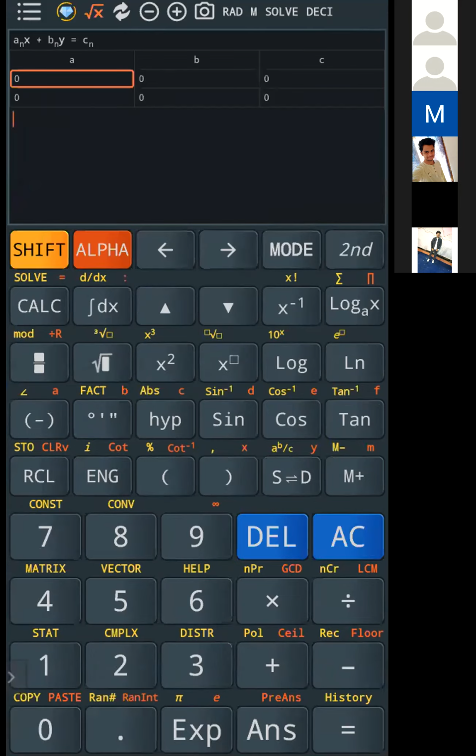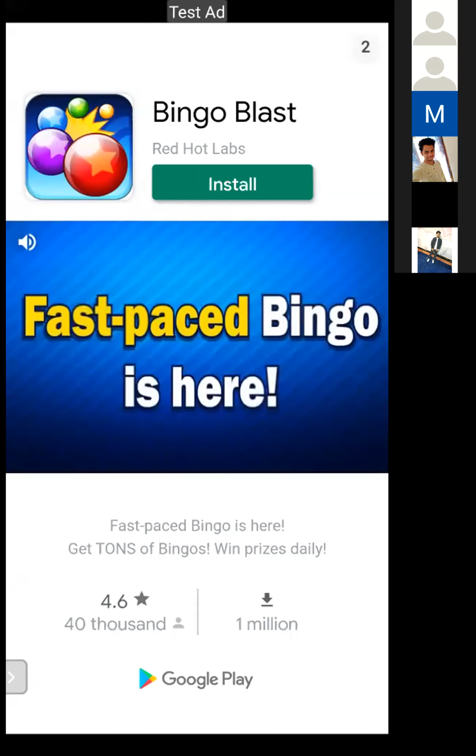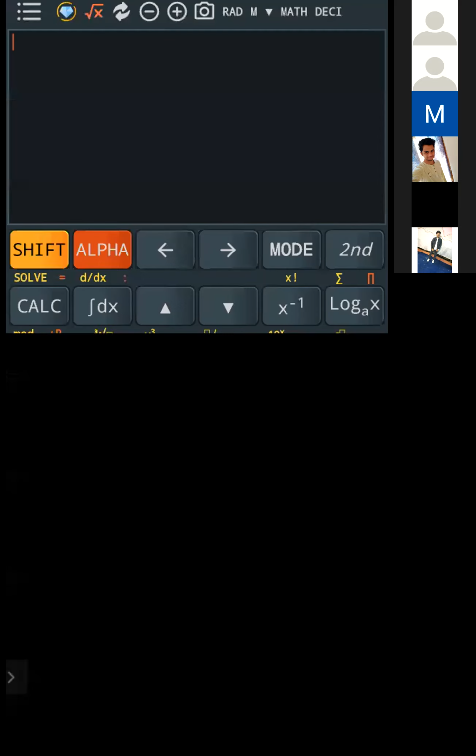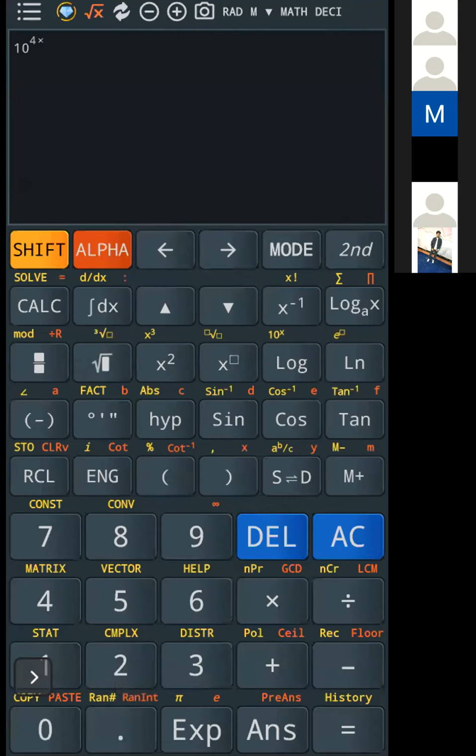Let me check what you have done. Okay, so this is 10 raised to power 4 multiplied by, inside it, minus plus 6.51 into 0.0814, right?